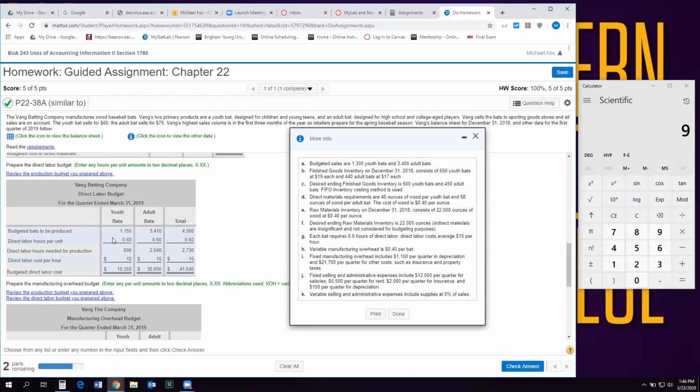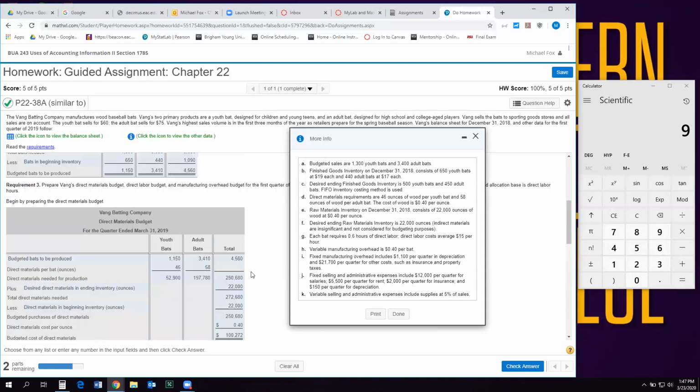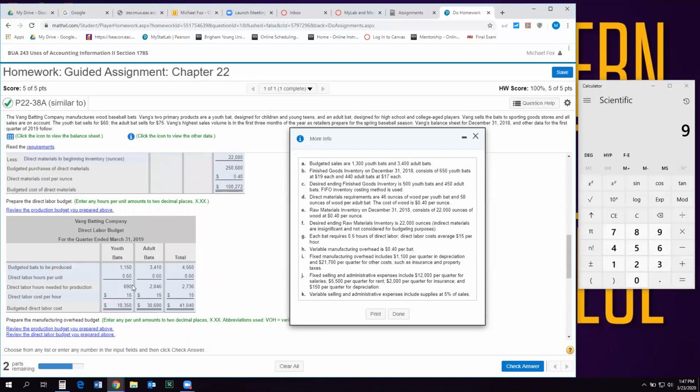We know that we have 0.6 direct labor hours per unit and that it's $15 per hour. So to find our direct labor cost per bat, I take 0.6 hours per bat times $15 per hour, which is $9. So my direct labor cost per bat is $9. And that was the same for both the youth and the adult bats. Either way, it was 0.6 hours times $15 per hour.